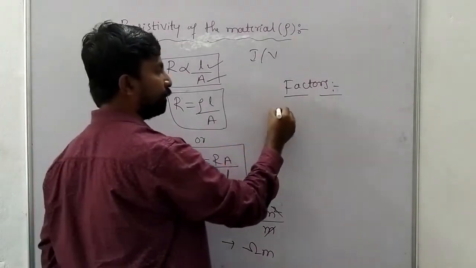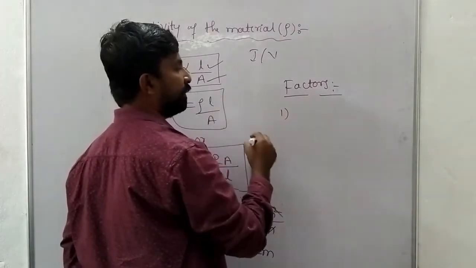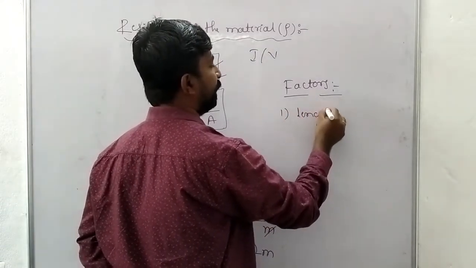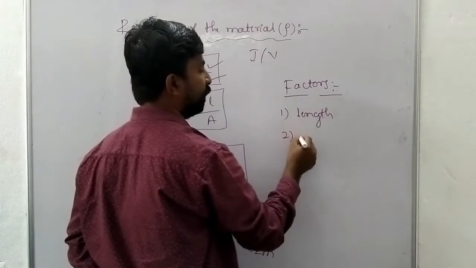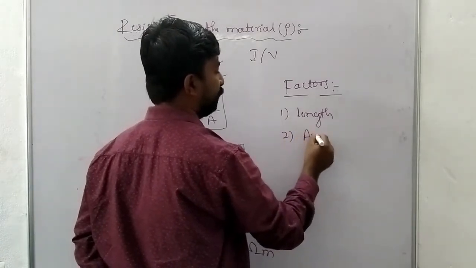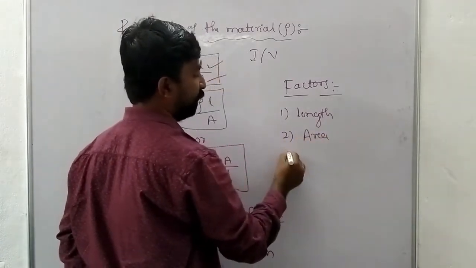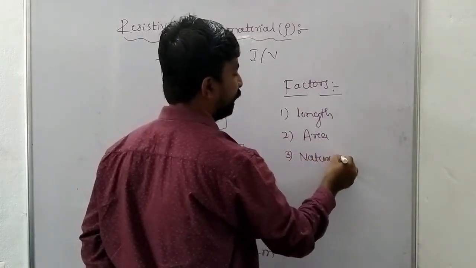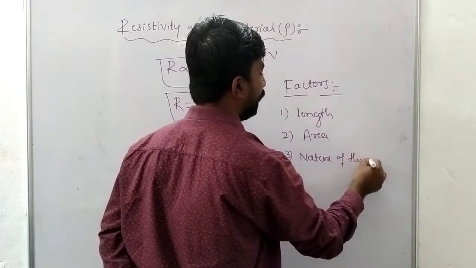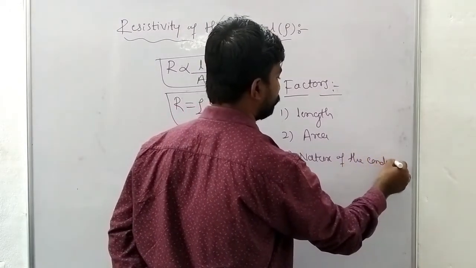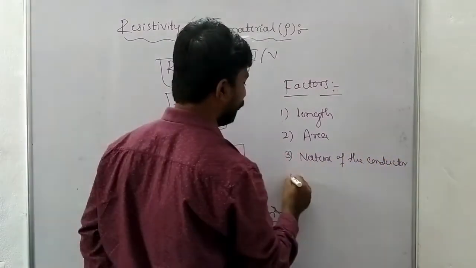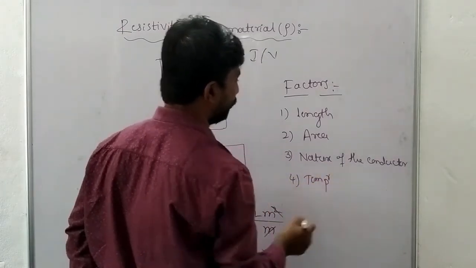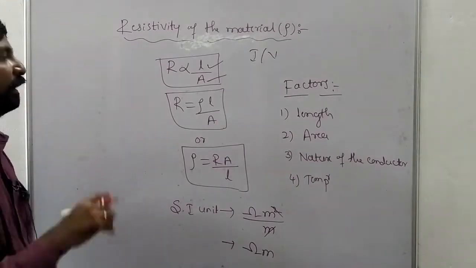One by one: first, the length of the conductor. Second, cross-sectional area. Third, nature of the conductor. And the fourth one is temperature. These are the factors on which the resistance depends.